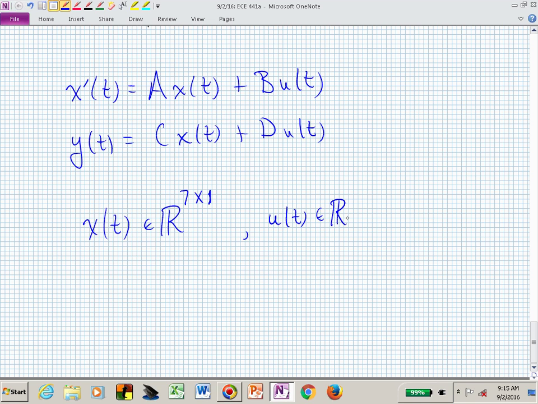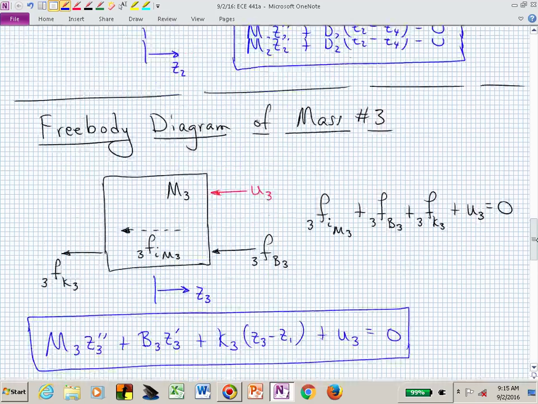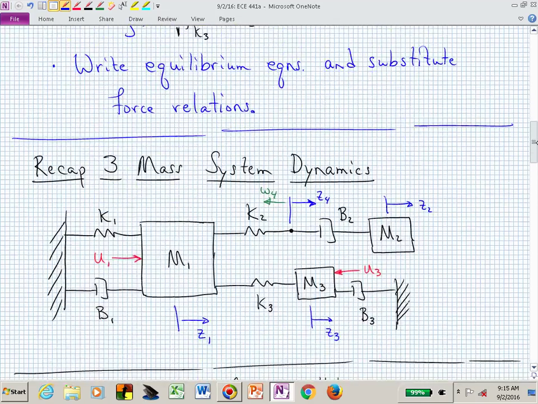What's our input vector? U of t. That now contains all of our inputs that have been identified that are being applied to that system. How many do we have? 2.